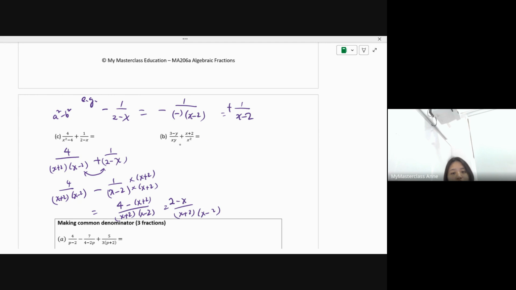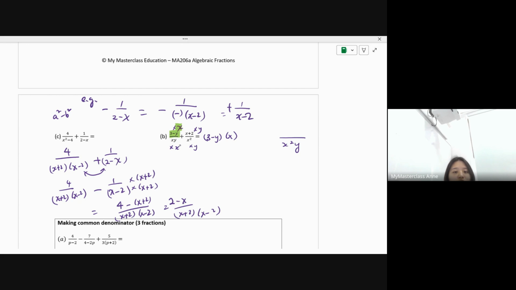For this one, easy. What will be my final denominator? x squared y. So this one I multiply by x, and this one I multiply by y. To take note, it is 3 minus y times x: the whole thing is multiplied by x, not just the y.